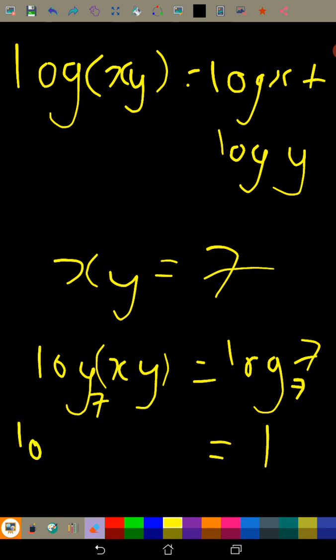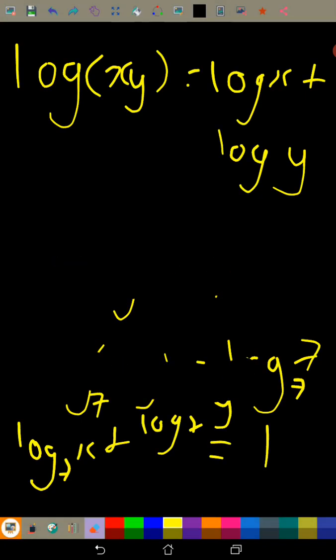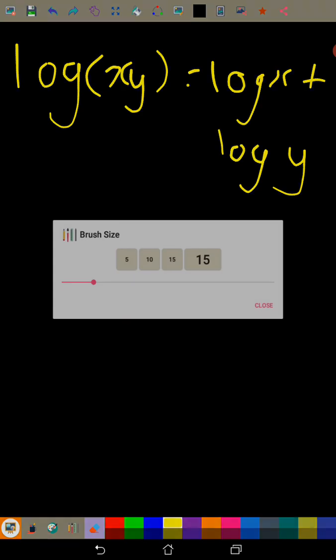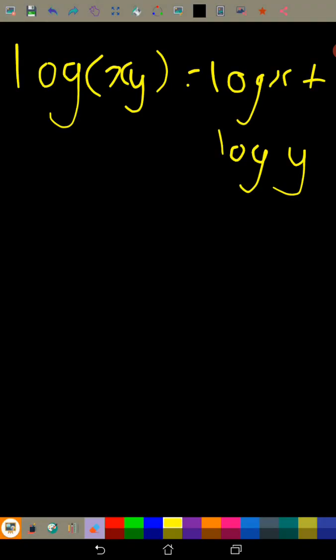I will get log base 7 of x plus log base 7 of y, and you can do steps, you know. So this is how we do it now. We're getting better at this, I think, slowly.